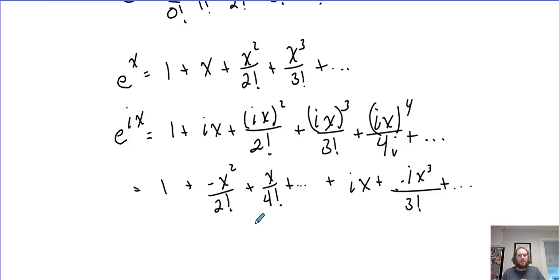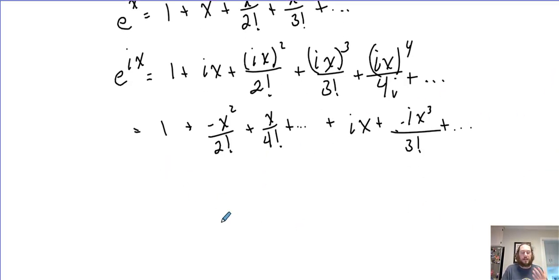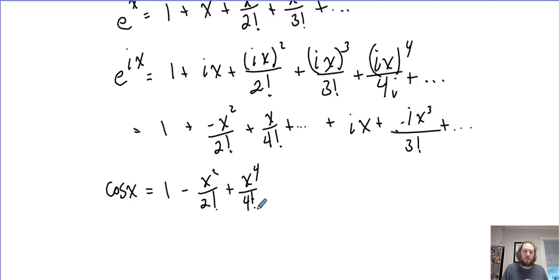And this is where the miraculous, the beautiful thing ends up happening: we have something called Taylor series. And what Taylor series does is it actually defines sine and cosine in a very similar form. Taylor series says that the cosine of x is equal to 1 minus x squared over 2 factorial plus x to the fourth over 4 factorial minus, and so on and so on.